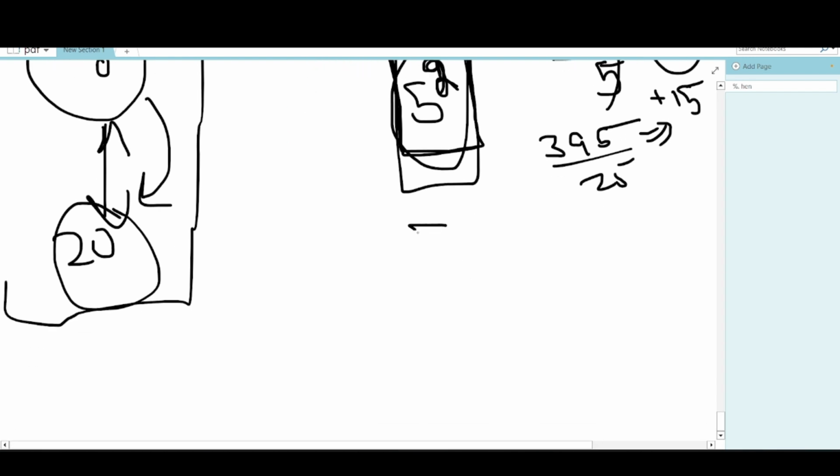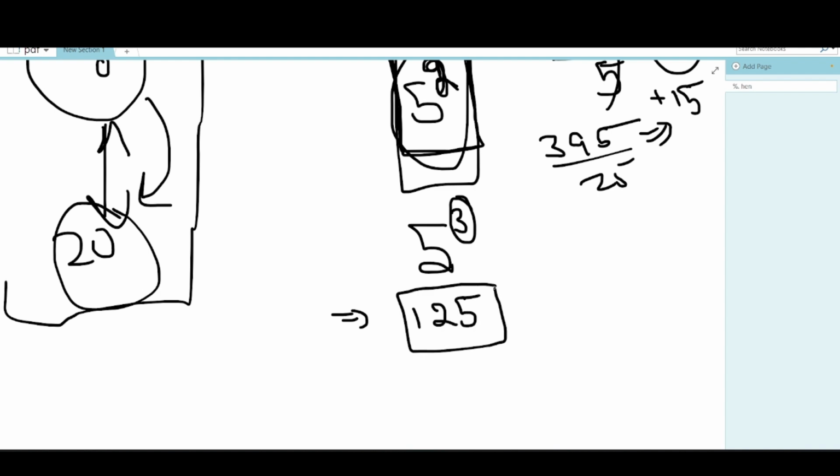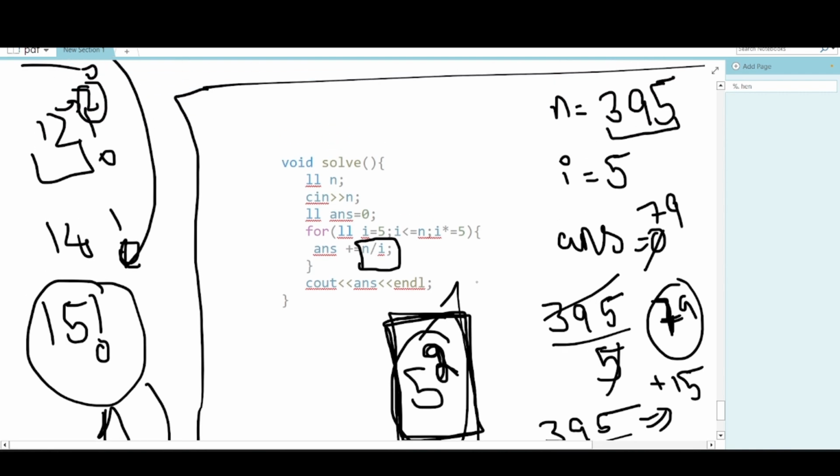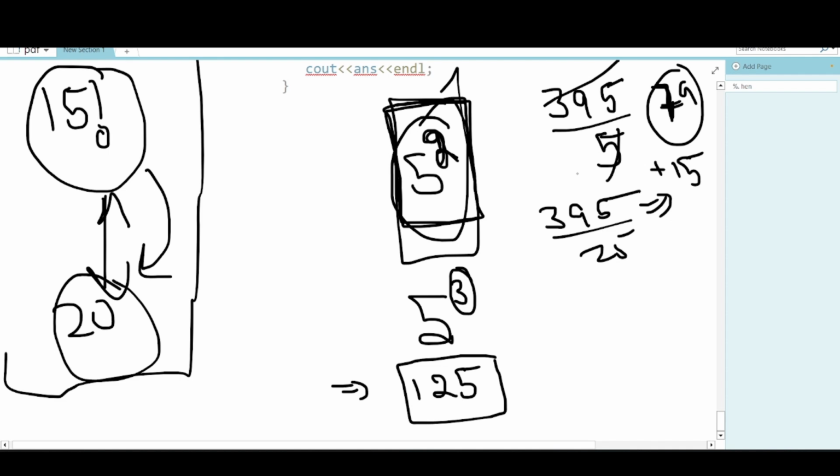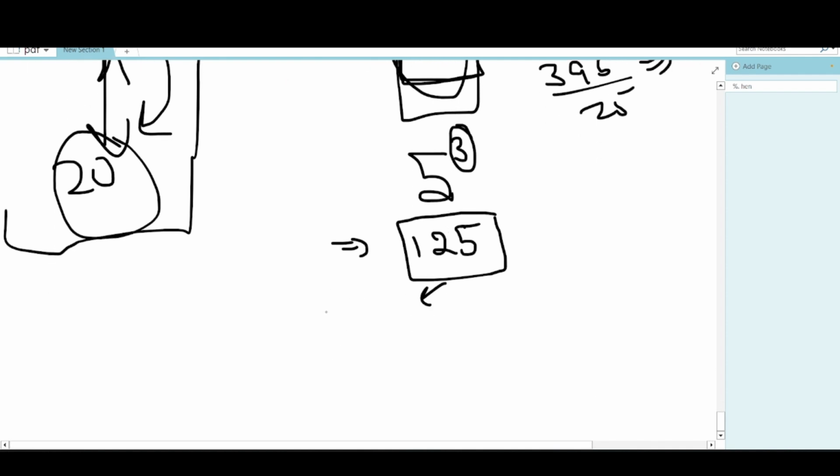And next, we have to calculate for the cube. It will give me the number of times 125 occurs, but out of which I have already calculated for 5 into 5, so only a single 5 is left.